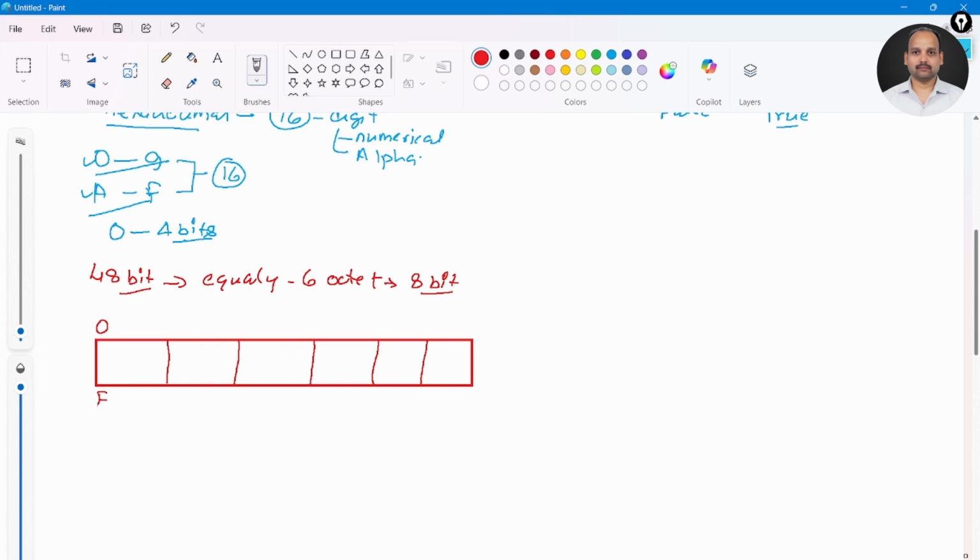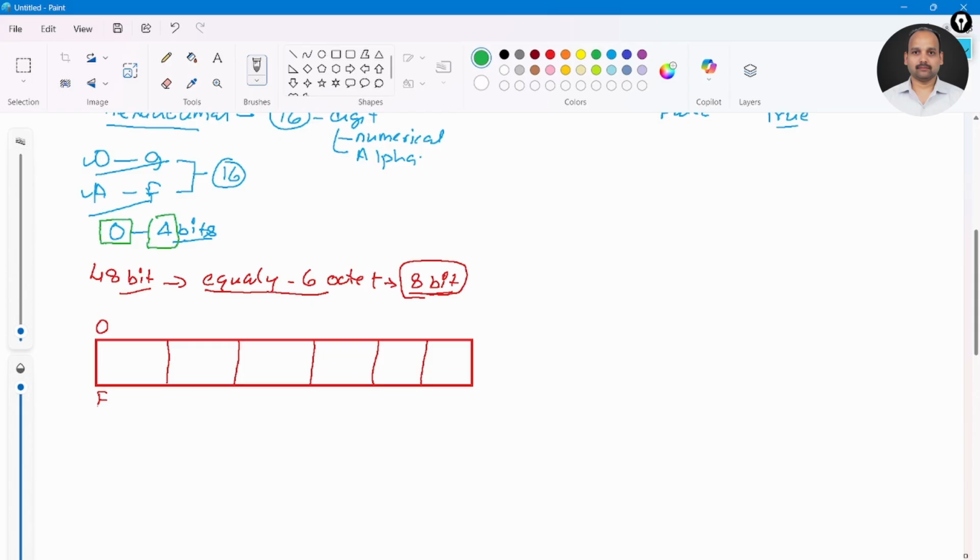As I already told you, this is divided into 6 equal octets. In 1 octet you can use a maximum of 2 hexadecimal digits, because each hexadecimal digit is a 4-bit value.